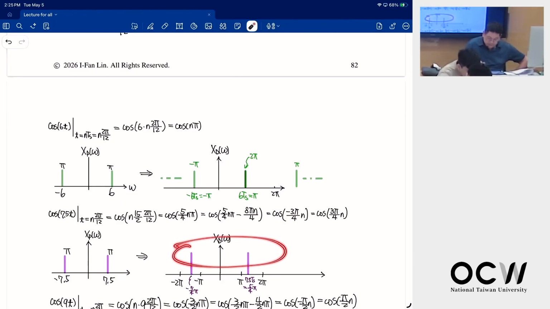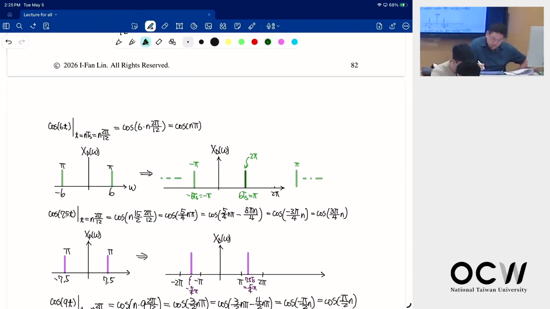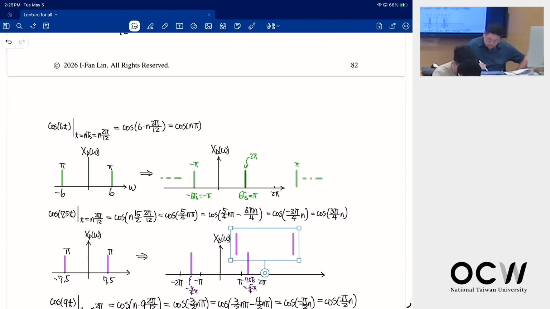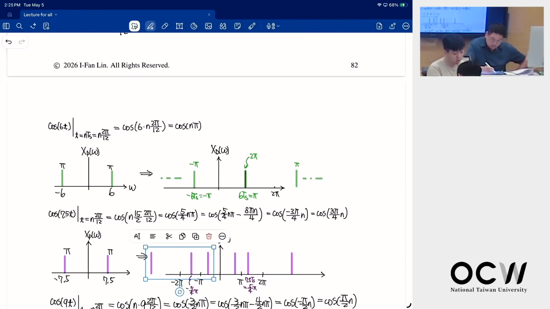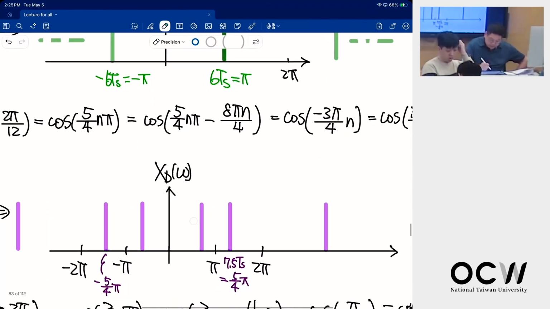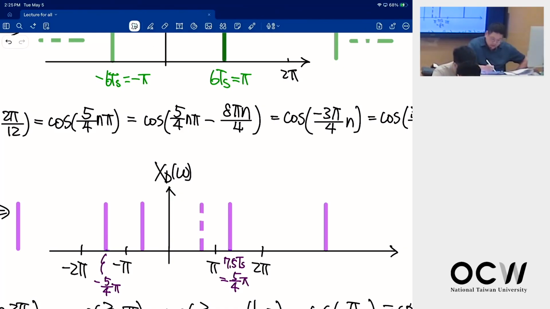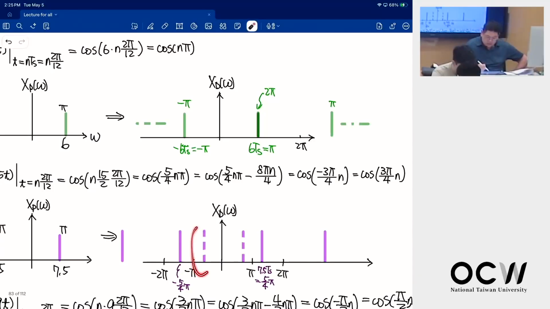This one is periodic with period 2 pi. When they repeat periodically with 2 pi, that's why you will see this is the aliasing.